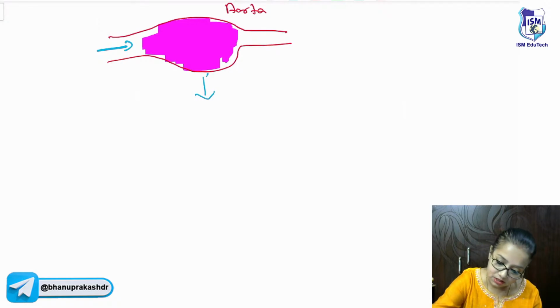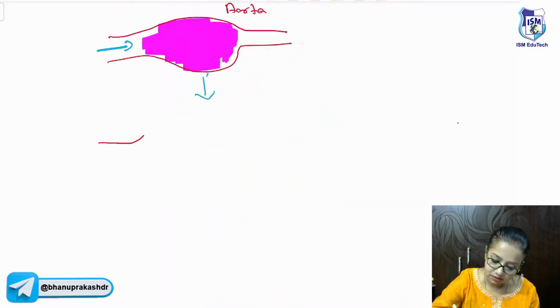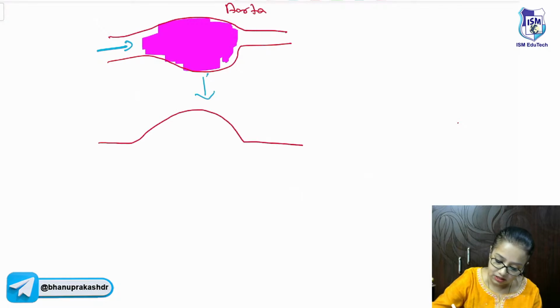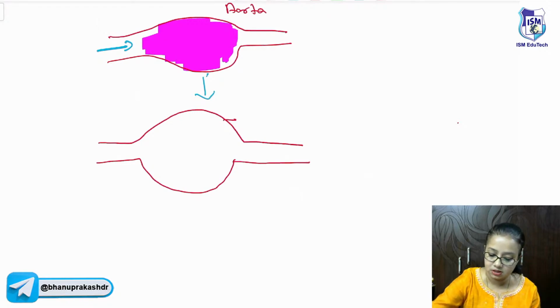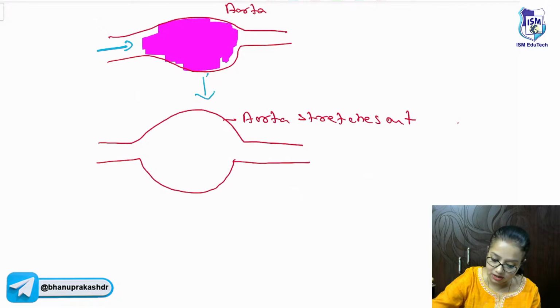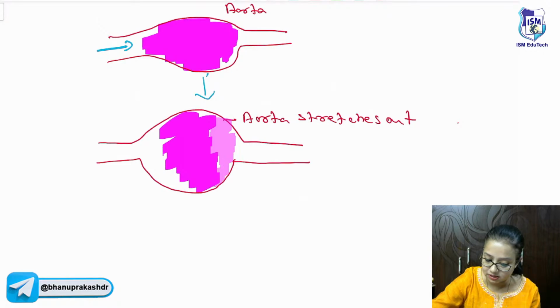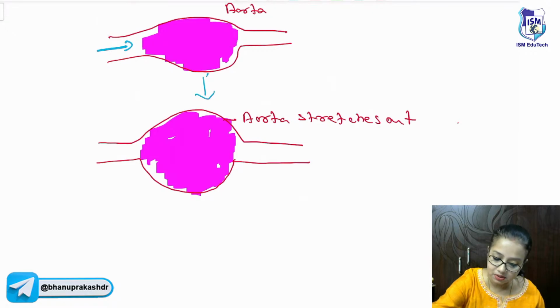So it becomes something like this. With the incoming of a large quantity of blood, the aorta stretches out. So the capacity to distend, the capacity to stretch out whenever there is incoming of blood or whenever there is exertion of pressure, this is called the compliance.